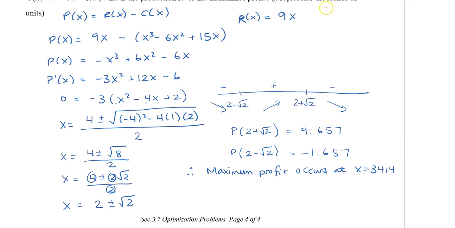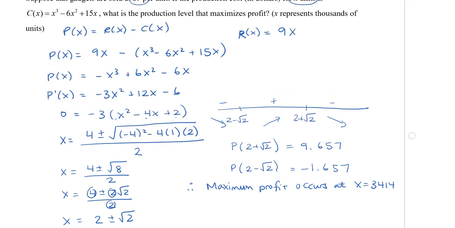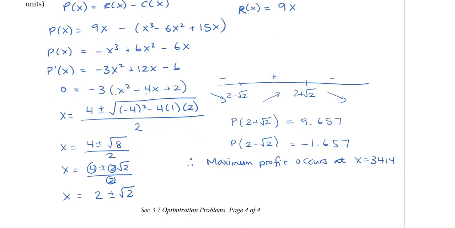And then I have to times it by 1,000, because remember that x represents thousands of units, okay? So let me put this in brackets. So another way to say this is actually 3.414, okay? And then here, this is 0.586.